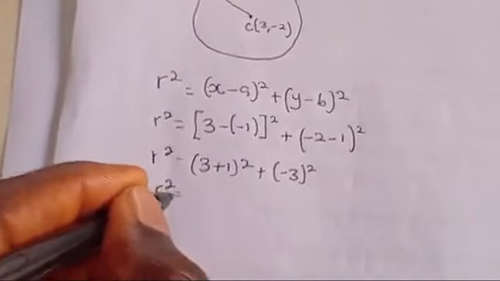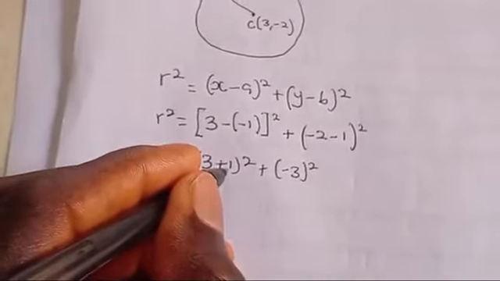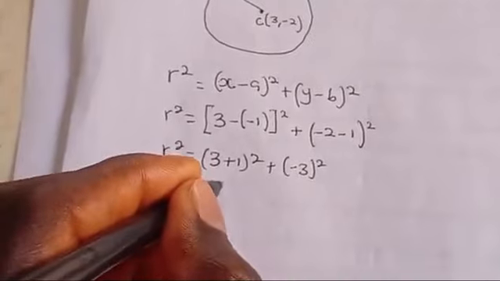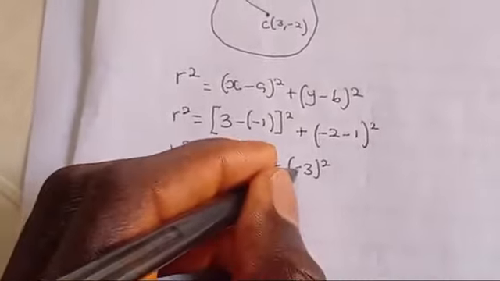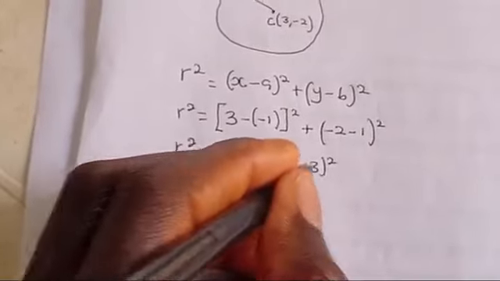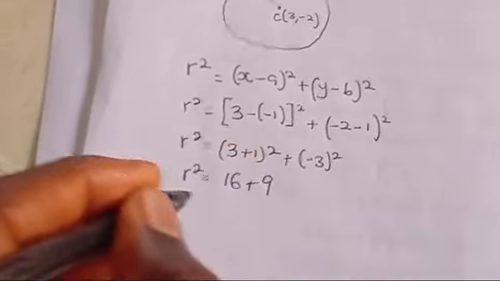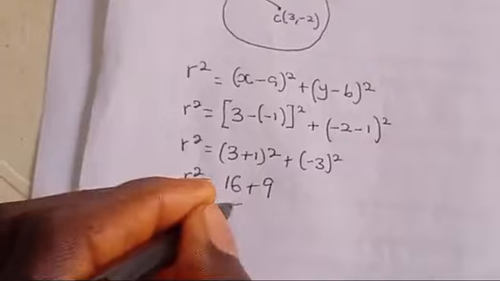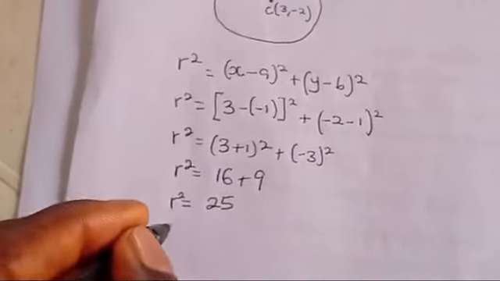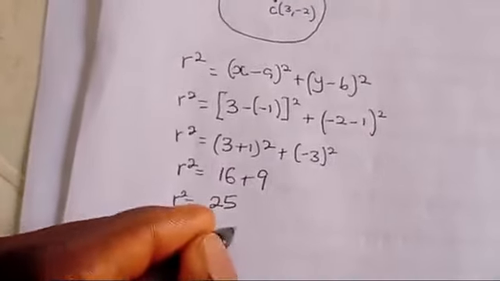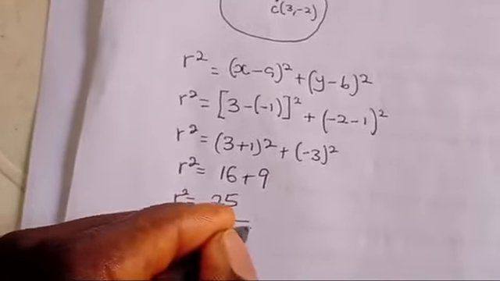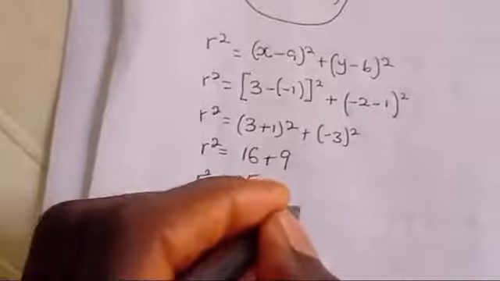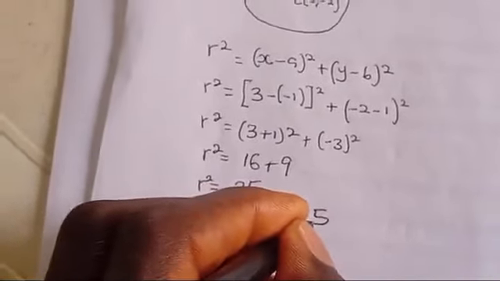R squared is equal to 3 plus 1 is 4. 4 squared we have 16. -3 squared we have 9. R squared therefore is equal to 25. And since we are looking for the radius, r now will be equal to the square root of 25, and the square root of 25 is equal to 5.